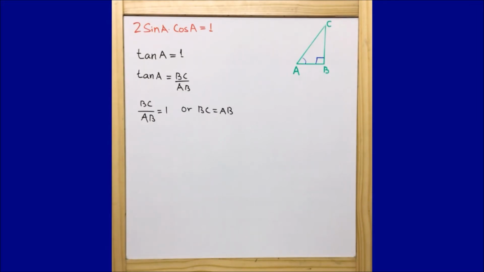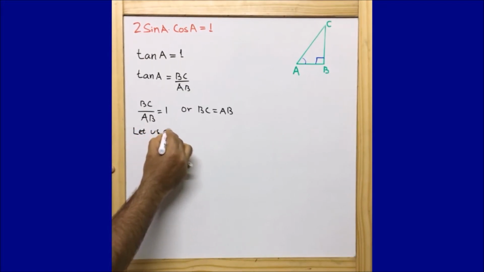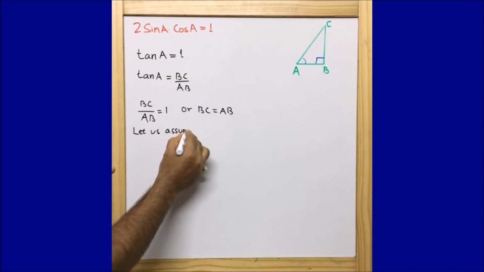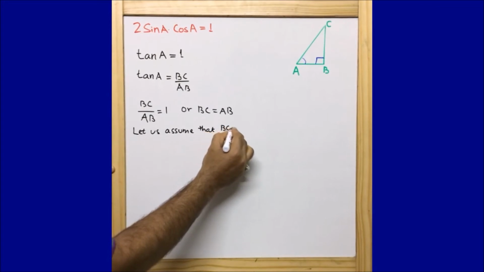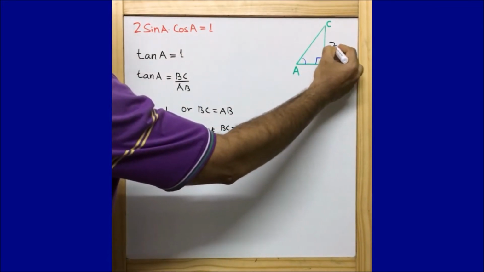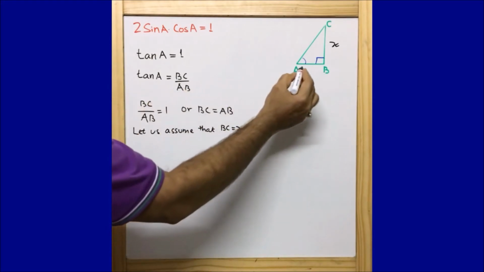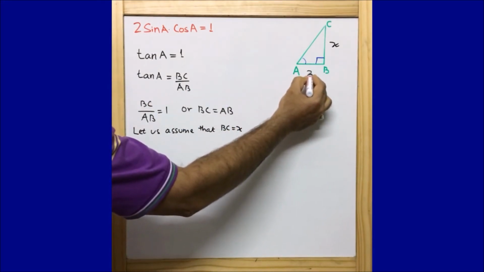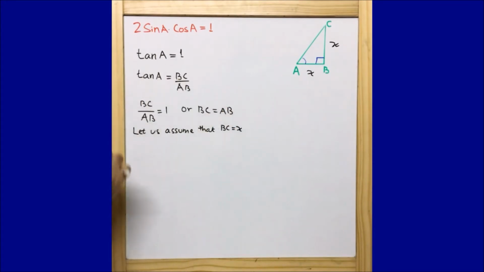Now let us assume that BC is equal to X. So I am assuming BC as X. If BC is X, then AB will also be X. Why? Because BC is equal to AB.